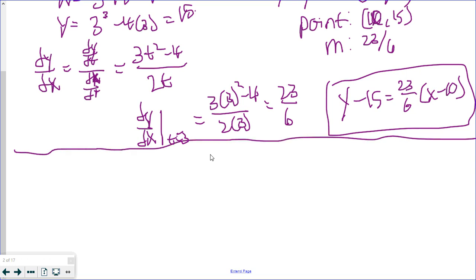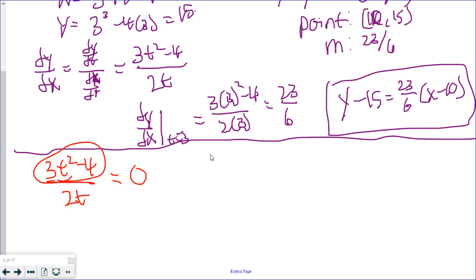So let me do this in red. I want to know when the derivative, which we already figured out, equals 0. The derivative was (3t squared minus 4) over 2t. Where it equals 0 is where the top part equals 0, right?